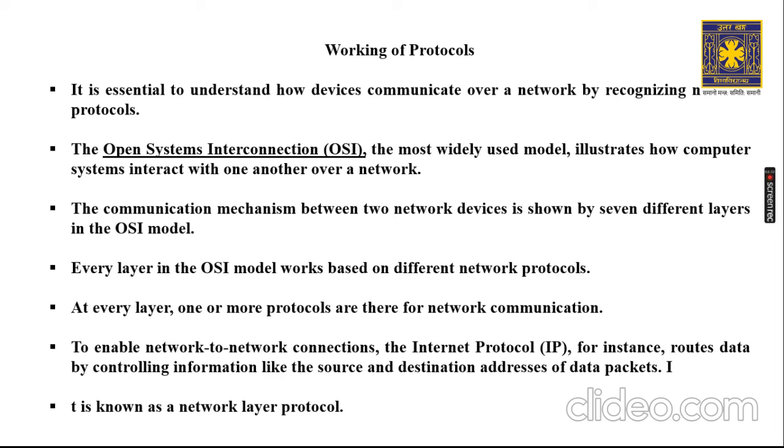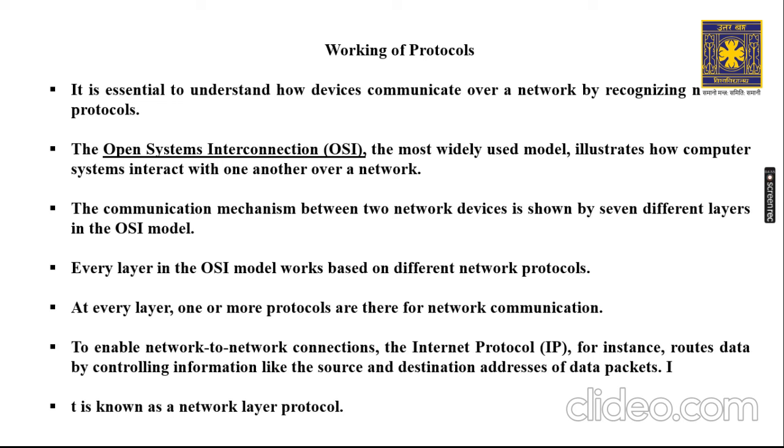Every layer of a reference model has some protocols, some rules, that are responsible for various functions. If you learn networking in detail, you will be able to know how the different protocols work. I just want to tell you that in every layer of a reference model, there are some protocols that have some functions.